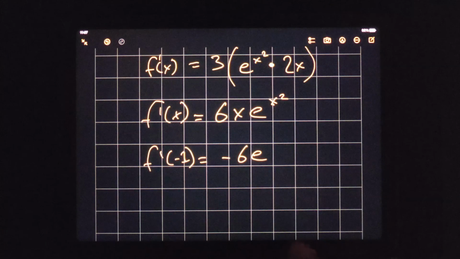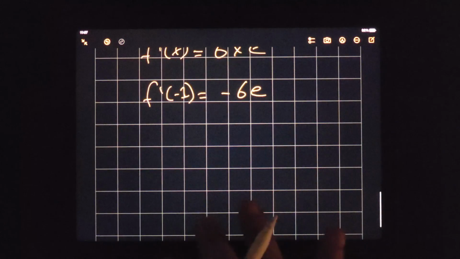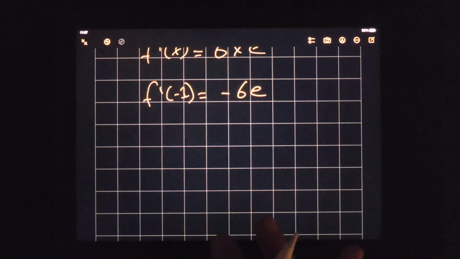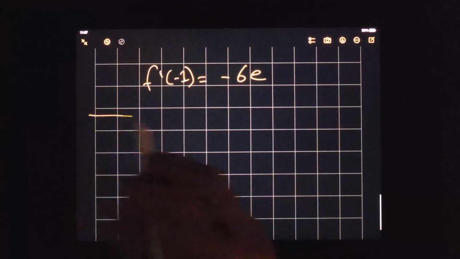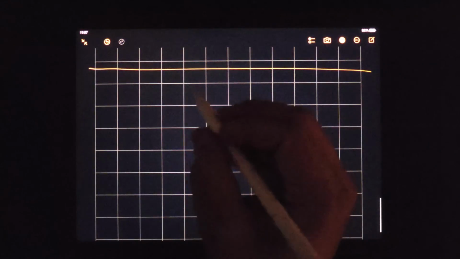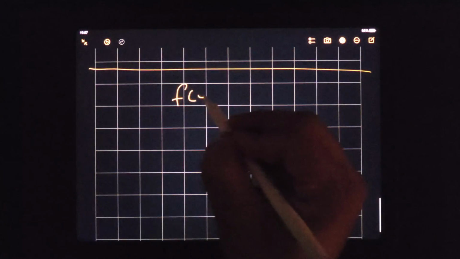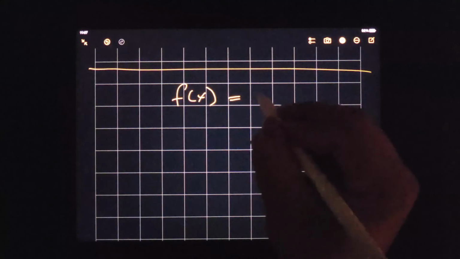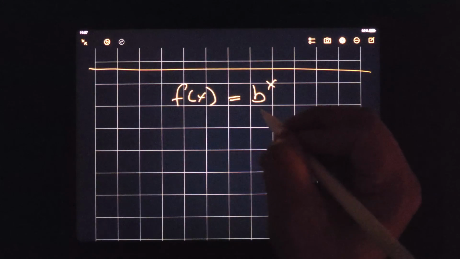So what else can we do? While we're on the topic of exponents, I could show you f of x equals b to the power of x.